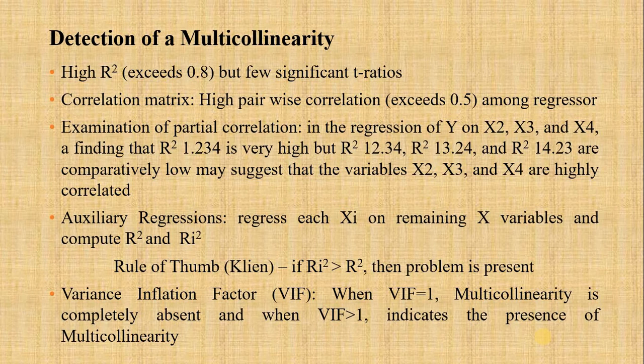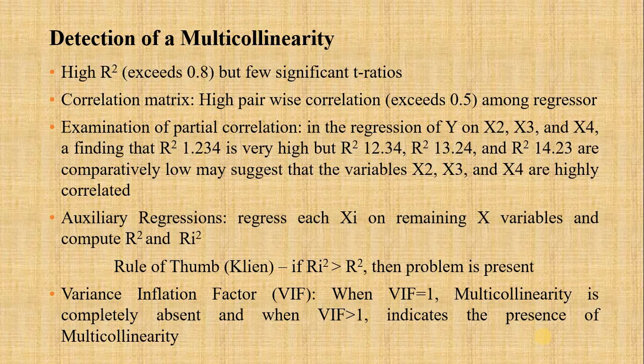Okay, the fourth one is to run auxiliary regressions. What does auxiliary regression mean? Regress each independent variable on the remaining independent variables, and compute R square and Ri square. What is R square and Ri square?